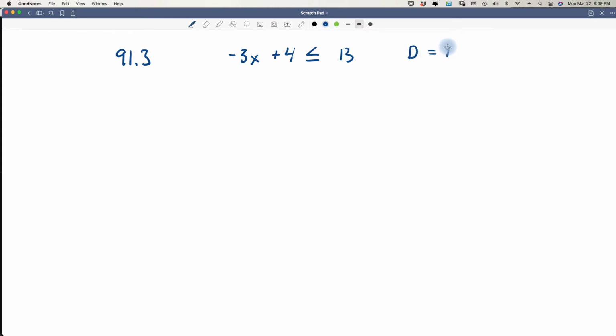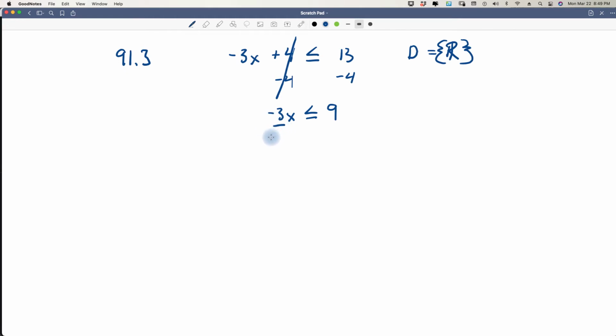is all the real numbers. All right. So first, let's add -4 to both sides. So it gives us -3x. This cancels, and this says it's less than or equal to 9. Okay, we're going to divide both sides by -3.